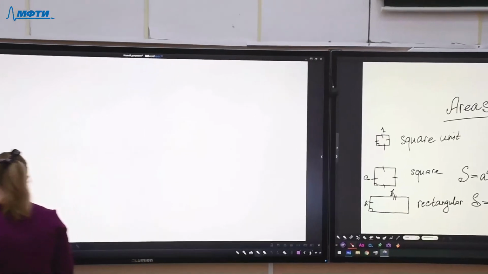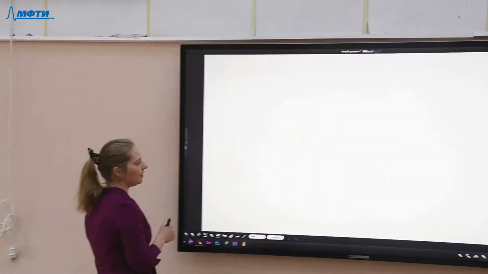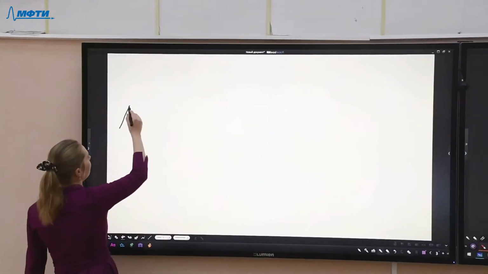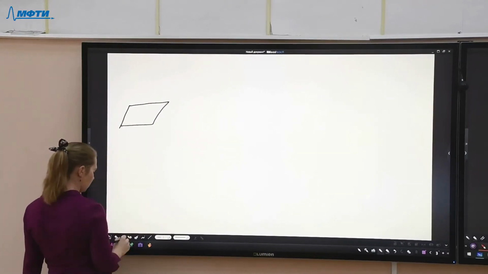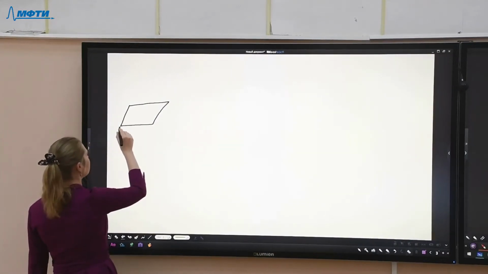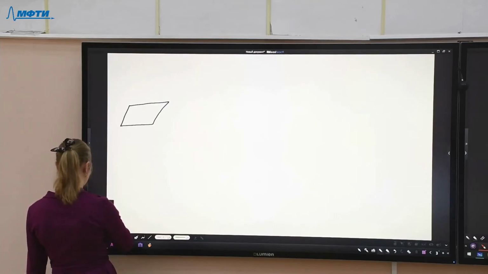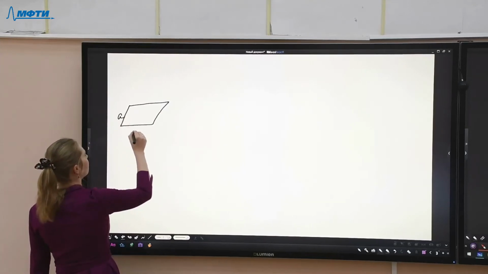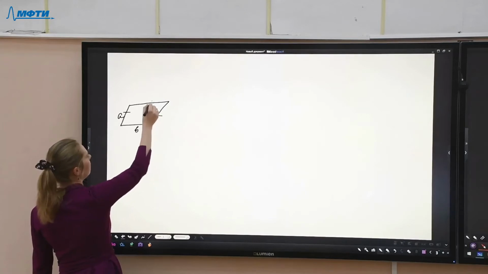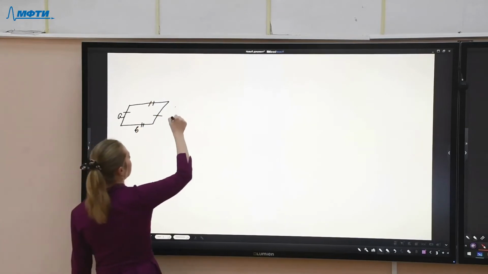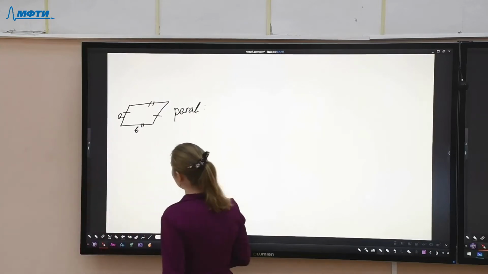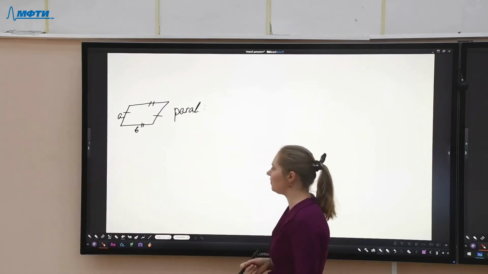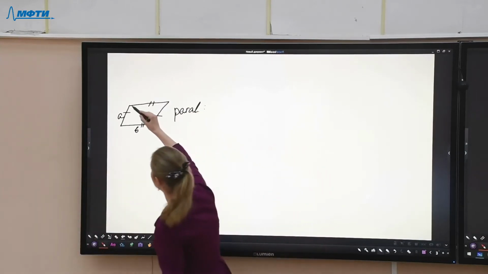Well, next case is a parallelogram. Here we need to drop a perpendicular from a vertex to the opposite side.